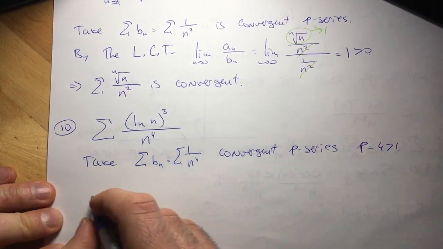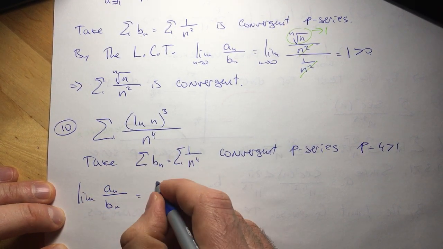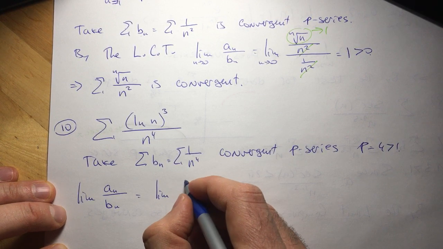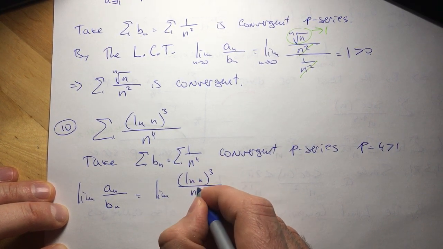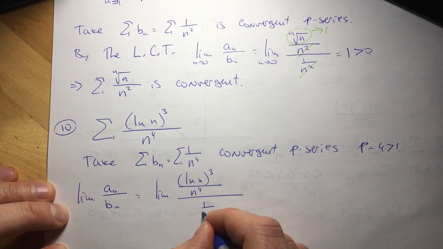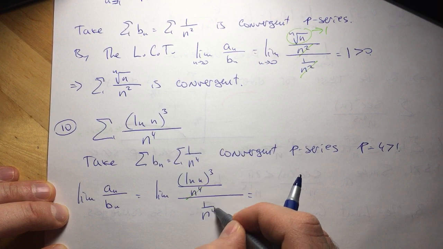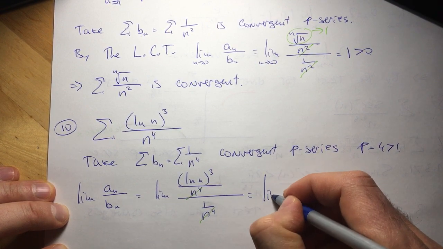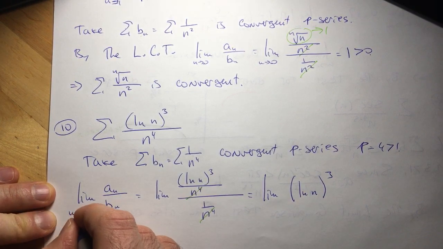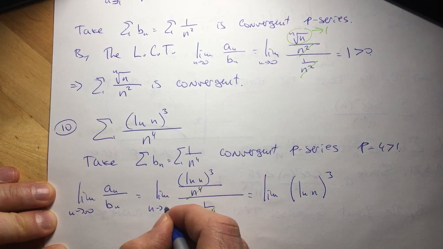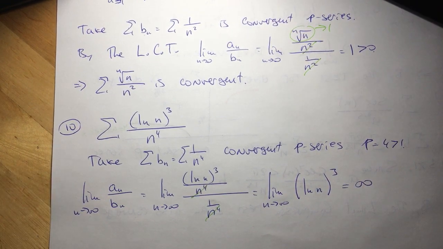Okay, but then the limit of an over bn is equal to the limit of ln of n to the power of 3 over n to the power of 4 over 1 over n to the power of 4, where these two cancel, and I get the limit of ln of n to the power of 3. And this limit, as n goes to infinity, is equal to infinity.